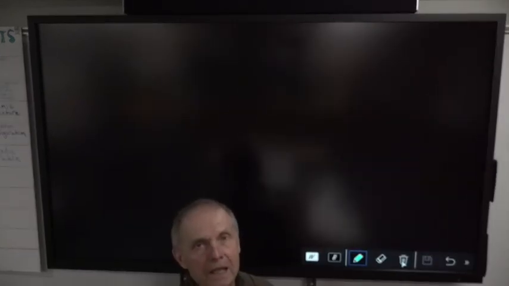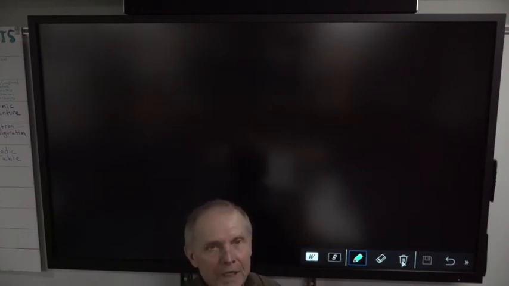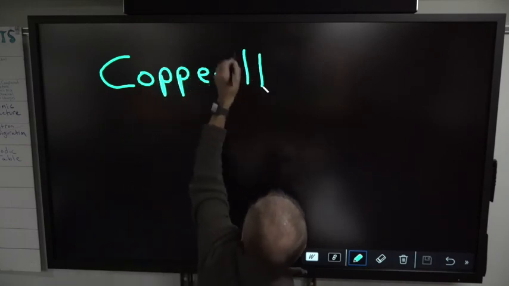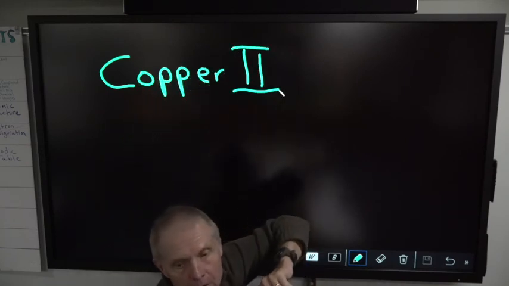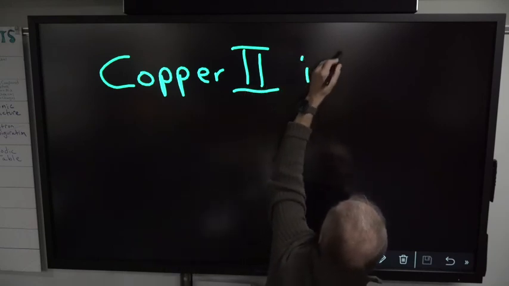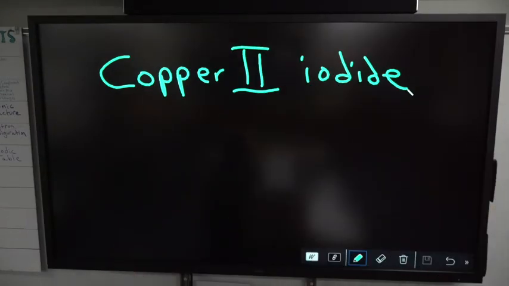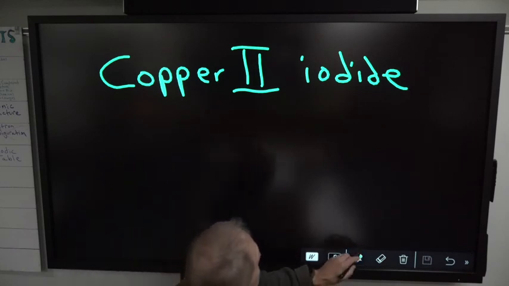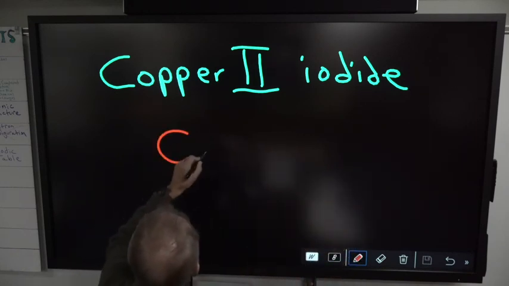What if the metal has more than one oxidation state? Well, here's one that we have to figure out. Watch. If I give you this name, copper, Roman numeral 2, iodide. So, copper 2 iodide. Well, you know copper is Cu.